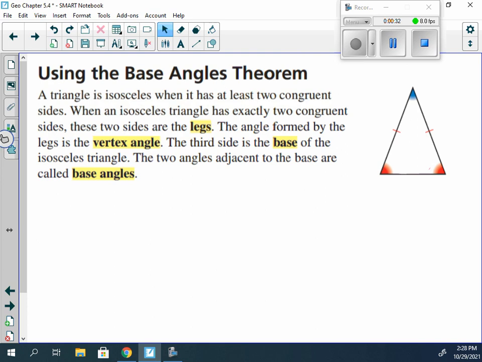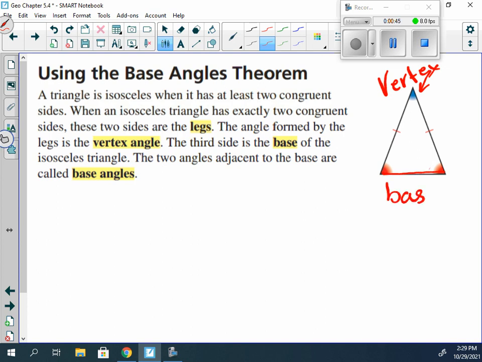Now, in an isosceles triangle, the angle formed between the two congruent sides is going to be called the vertex. And the side that's not congruent to the other two is going to be called the base.